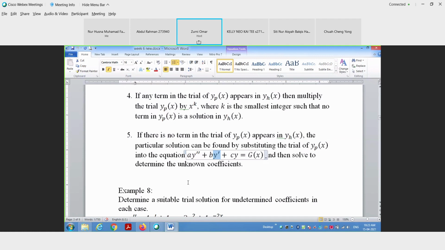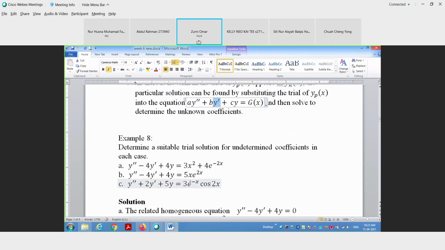In order to understand this step, let's see example 8. Determine a suitable trial solution for undetermined coefficients in each case. For A, y double prime minus 4y prime plus 4y equal to 3x squared plus 4e to the power of minus 2x.